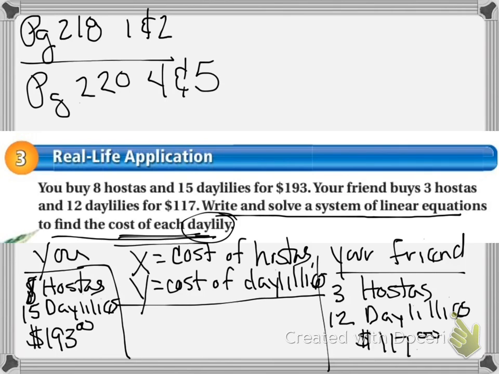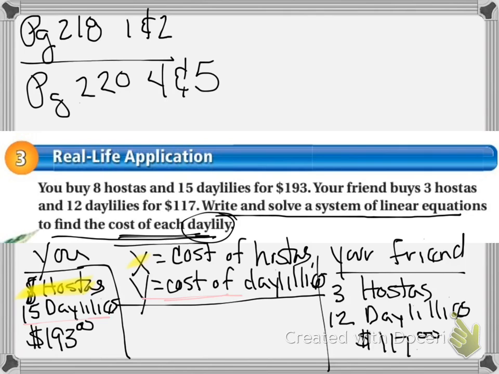The 8 hostas, when I multiply it by the cost, will give me the total cost of 8 hostas. Same way when I have the daylilies, if I have 15 daylilies and I have the times the cost, it's going to be the total cost of the daylilies, and that's going to equal $193.